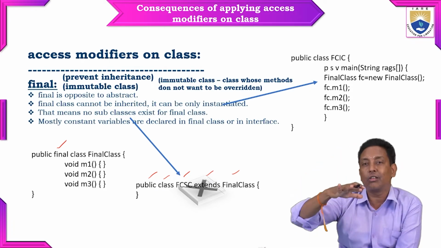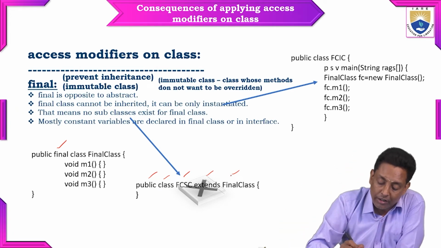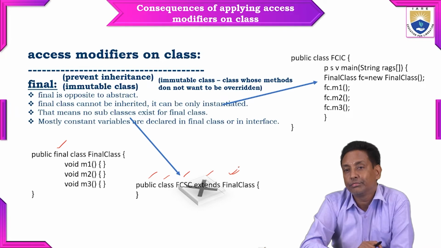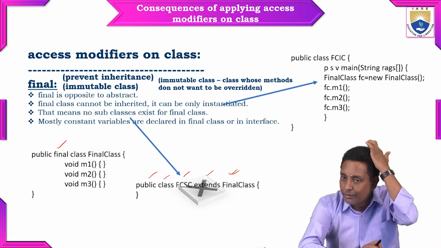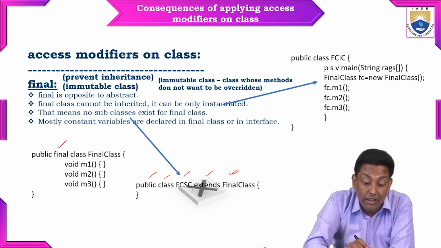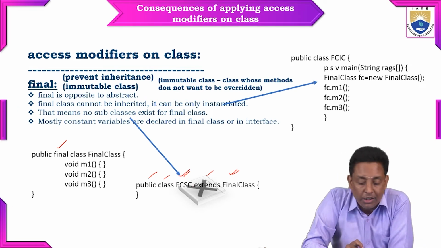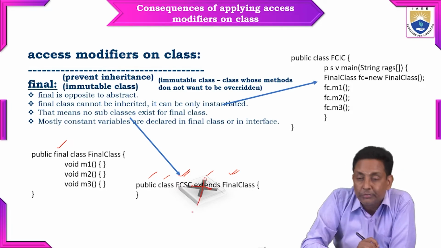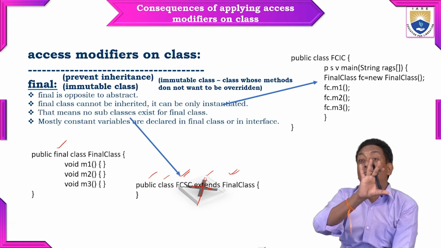No children are found for final classes. If you try to inherit from a final class, extends final class, immediately you will get an error saying that final classes cannot be inherited.